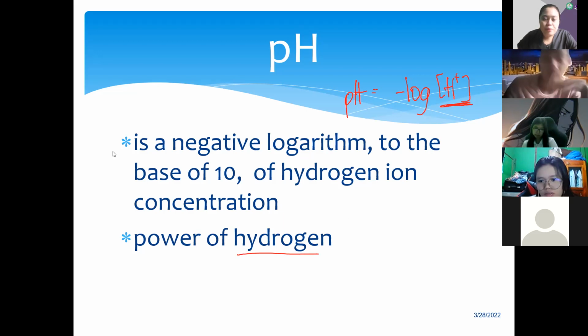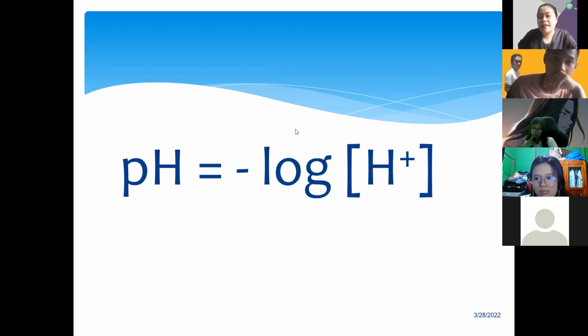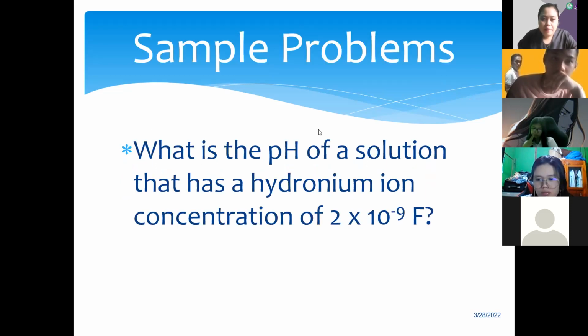Again, we compute the pH using this formula. Kino-compute natin siya. Manual computation if we know the hydrogen ion concentration. But then again, in the laboratory, that's another thing. But nevertheless, sa lecture, ito yung theory natin. Yung ating formula for the pH.